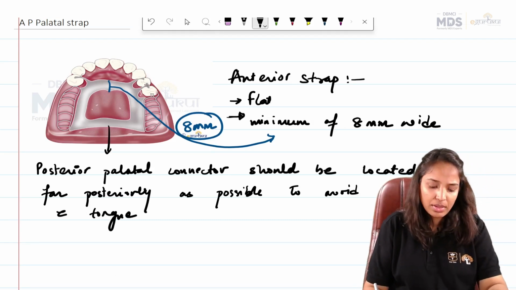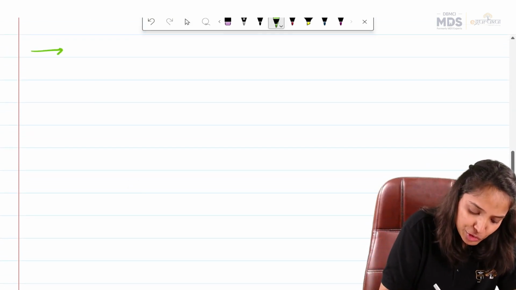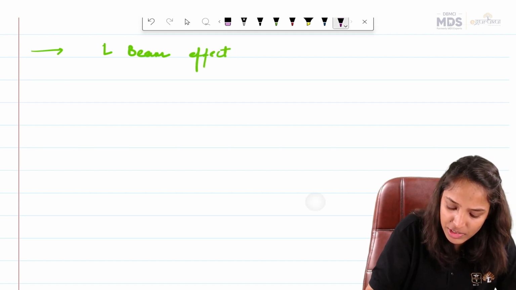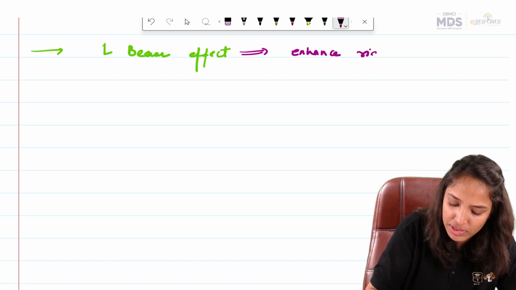Now, a lot of design features remain the same, which means that L-beam effect is applicable here as well. And this will enhance rigidity of the prosthesis.